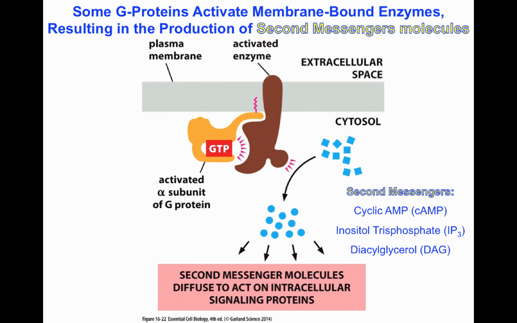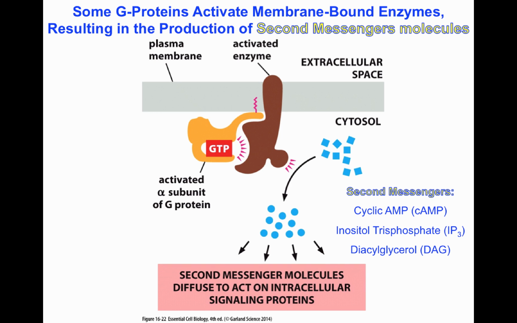One of them inositol triphosphate, or IP3, and the other one diacylglycerol, or DAG. So we're going to take a look at two of those enzymes. One of them, adenylyl cyclase, which is going to catalyze the reaction of ATP being cleaved and hydrolyzed into cyclic AMP, and phospholipase C, which is going to catalyze the reaction that produces IP3 and diacylglycerol.